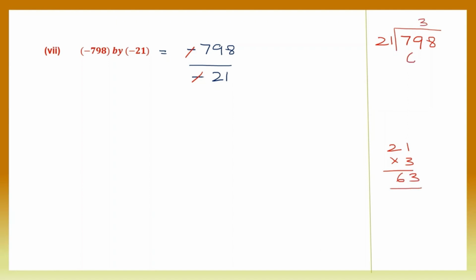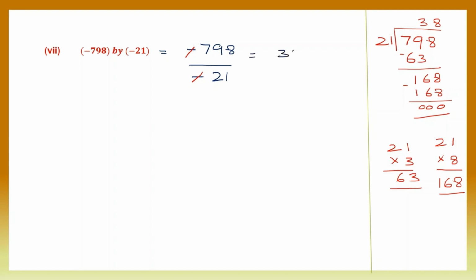So 21 into 3 is 63. Minus, 9 minus 3 is 6, 7 minus 6 is 1, and you bring down 8. Now 21 into 8, let's try 8. 8 ones are 8, 8 twos are 16, 168. Yes, we can use this. So 21 into 8 is 168. Minus, we've got this. So we've got our quotient here. Our quotient is 38 and the sign is plus. So you don't even have to put the sign. It's understood, it's plus. So this is our answer.